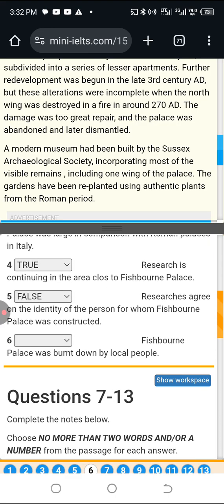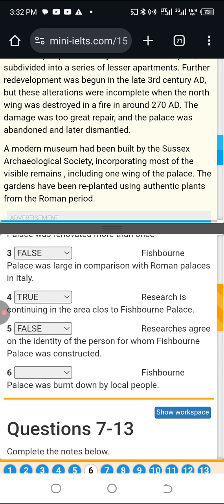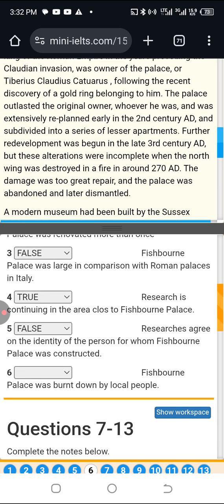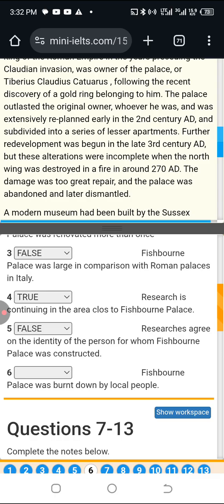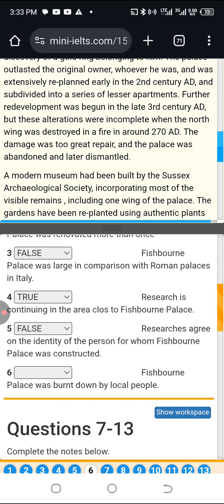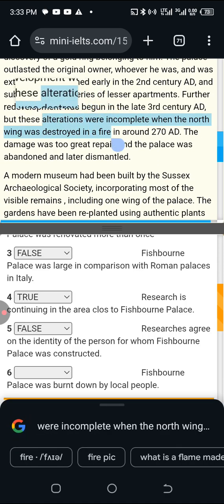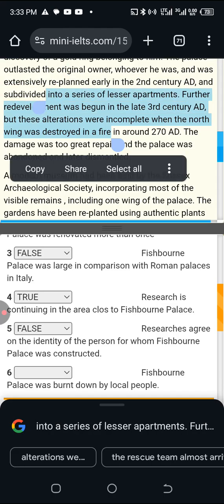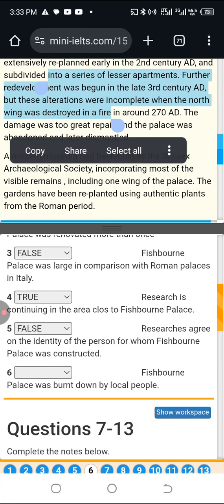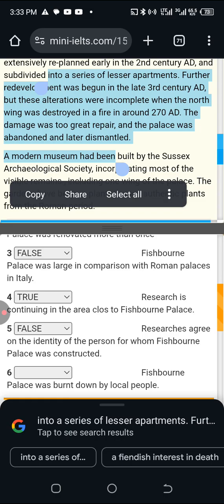Then the last question. Fishbourne Palace was burned down by local people. Burnt down. Okay, if you look at this place, I can see fire here. See fire. So let's read it. Further redevelopment was begun in the late 3rd century AD, but these alterations were incomplete when the north wing was destroyed in a fire.